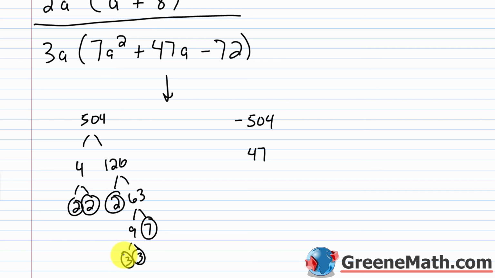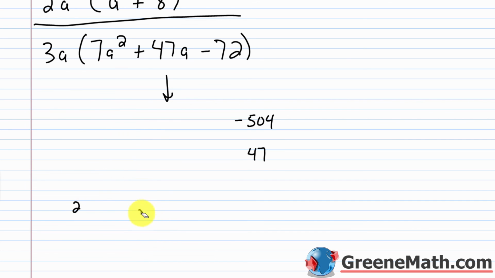So I'm looking for a sum of 47. Let me think about this. I can do 2 times 2 times 2, which is 8, times 7, which is 56, times 9. So 56 times 9 would give me 504. And then if I did positive 56 and negative 9, that would give me 47 as a sum. So let's go ahead and do that. Let's erase all this.